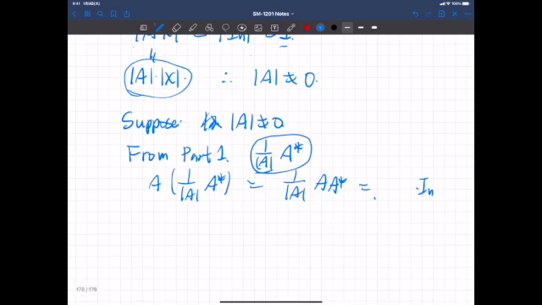And part 3, actually this proof also provides part of the proof for part 3. So part 3, first let's prove the uniqueness of a right inverse.